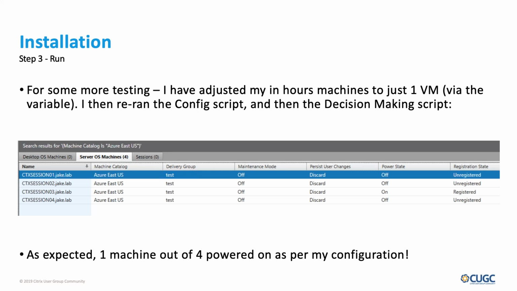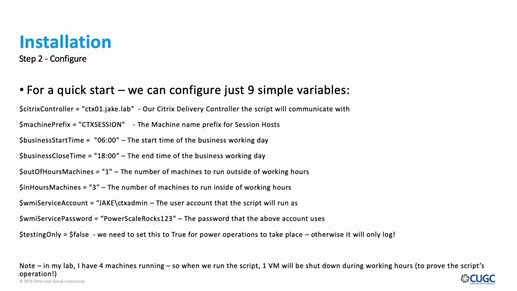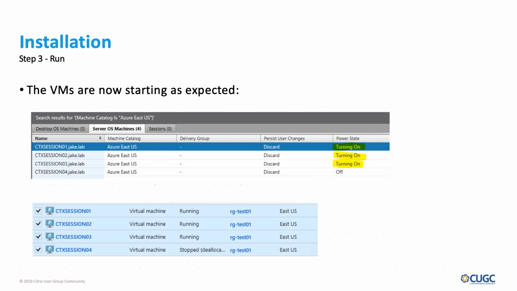So that's the end of the installation and running. As you can see, it's very straightforward. Literally just a case of making sure the right variables are there. For a simple test, just 9 variables will do. And even with a small environment, this one's only 4 virtual machines, let's take a practical example. If these virtual machines cost, pick a number out the air, £2.50 a day to run, so we've got a whole £10 worth of virtual machines running.